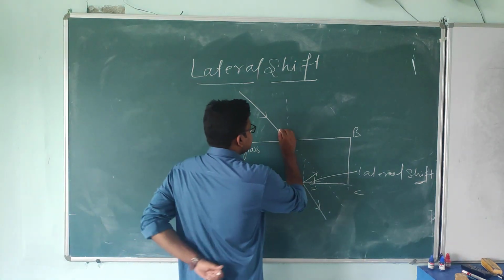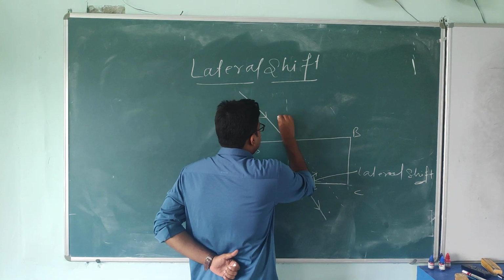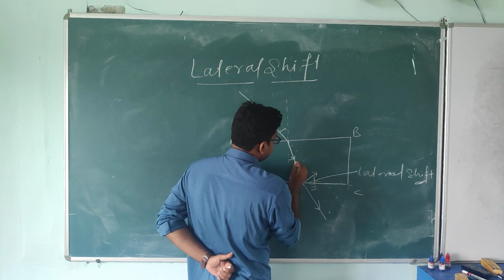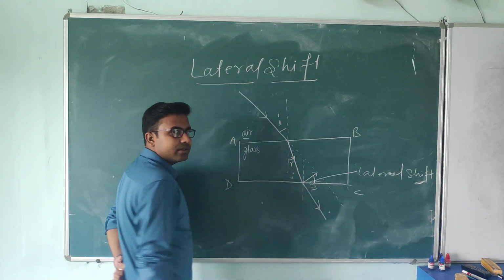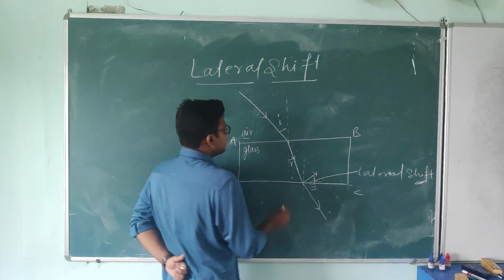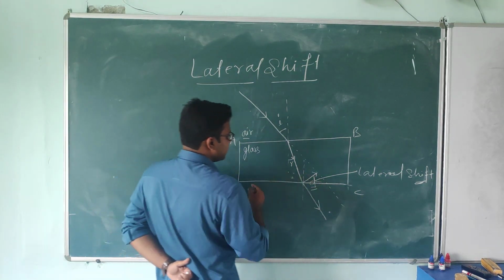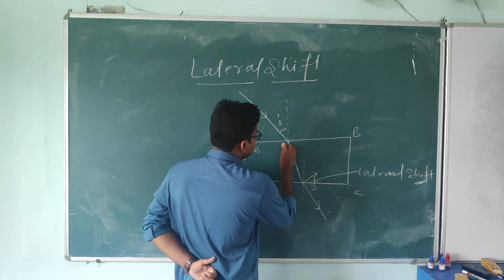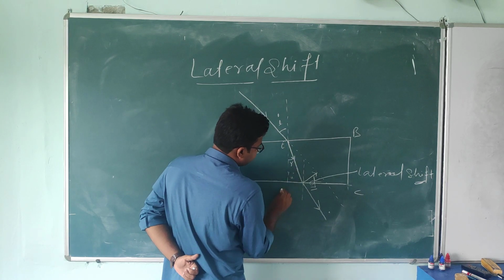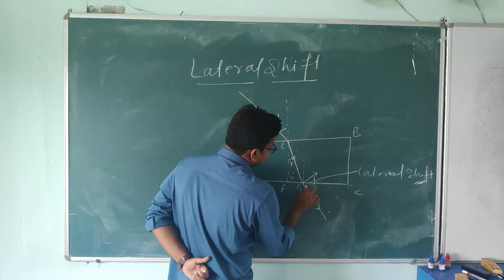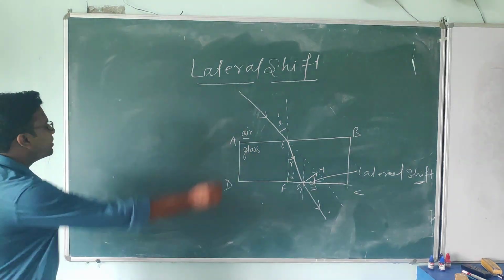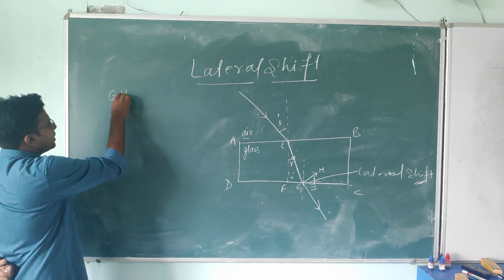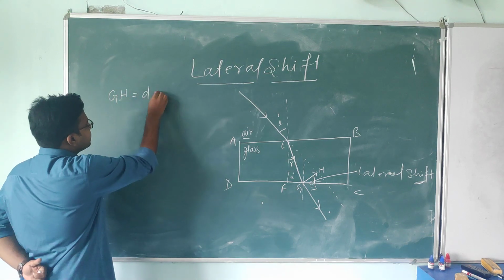Okay, look at this. This angle is i and this angle here is r, the incident angle and the angle of refraction. Okay students, I am giving names here. It's C, D. So here I am writing E. This one is F. This one is G and this one is H. So actually what we have to find is GH, or you can say d.